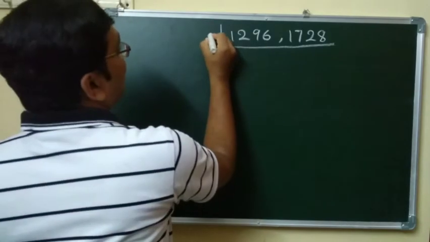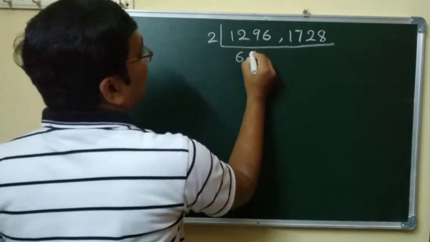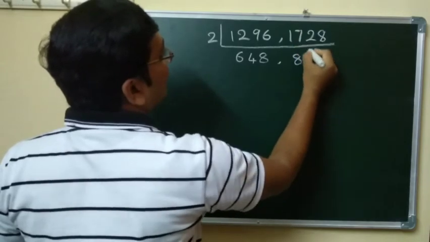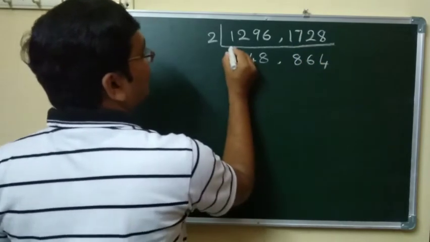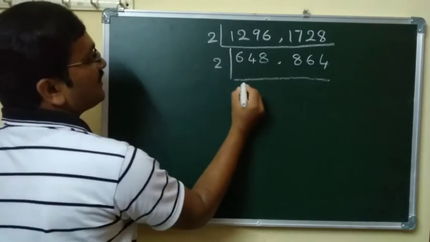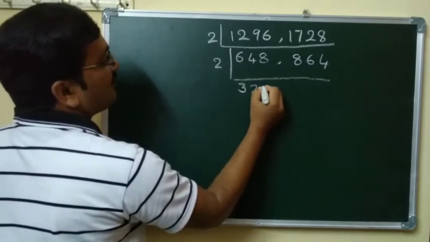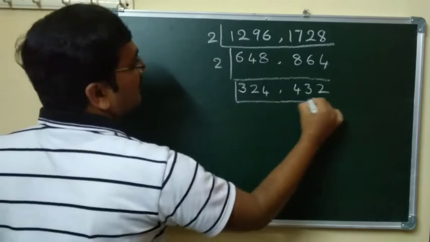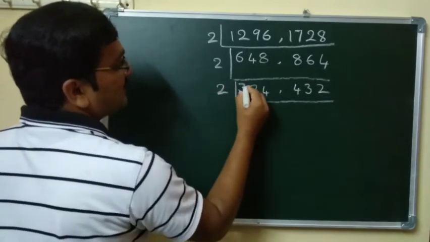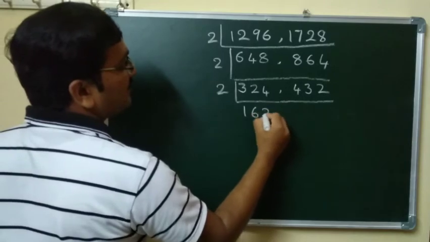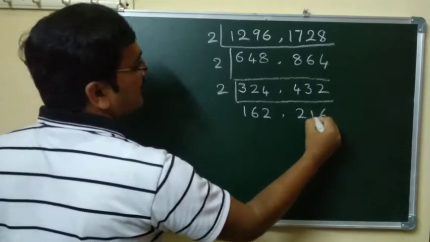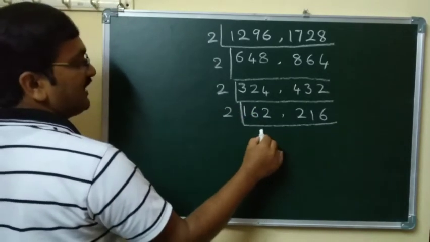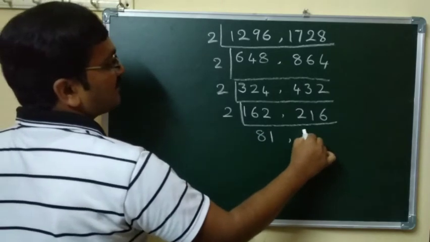So the 2 table here: 2 sixes are 12, 2 fours are 8, 2 eights are 16, and 2 eights are 16, 1 remains, 2 sixes are 12, 2 fours are 8. Next, 2 threes are 6, 2 twos are 4, 2 fours are 8. Next, 2 ones are 2, 2 sixes are 12, 2 twos are 4. Next also the same, 2 eights are 16, 2 ones are 2.